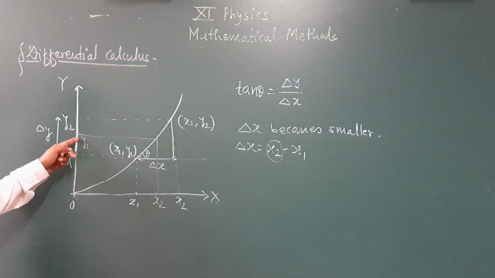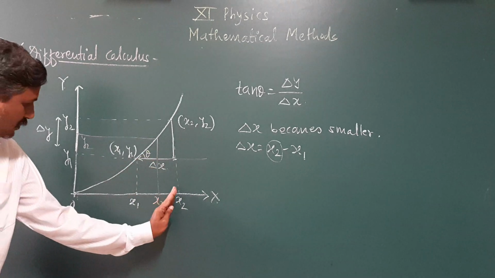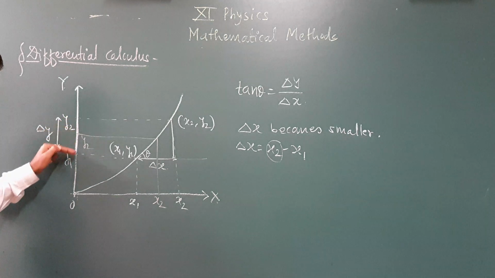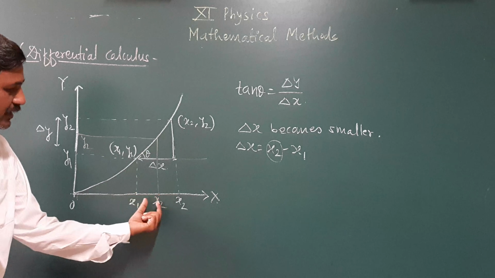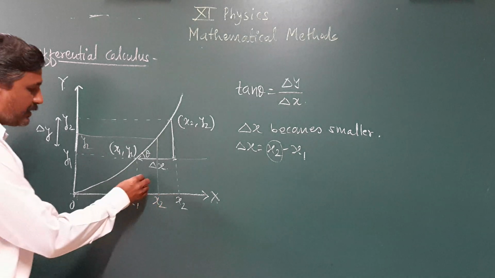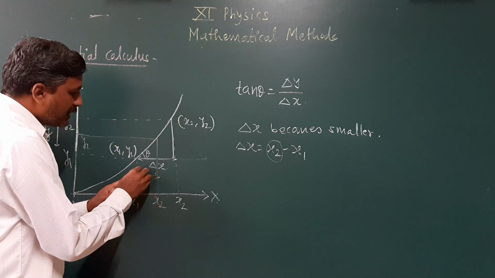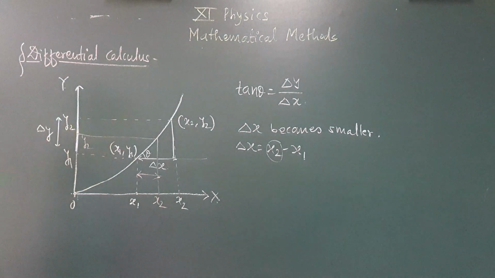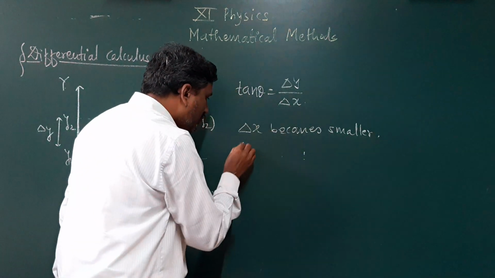Are you getting this? As x2 becomes smaller, or x2 moves towards the origin, y2 also moves towards the origin. Therefore, as x2 becomes smaller, the initial delta x was this much, and now delta x becomes very small. So as delta x becomes smaller, delta y is also smaller.